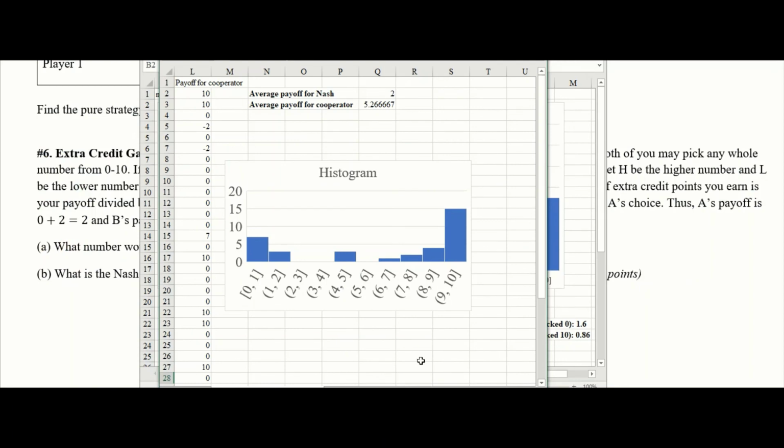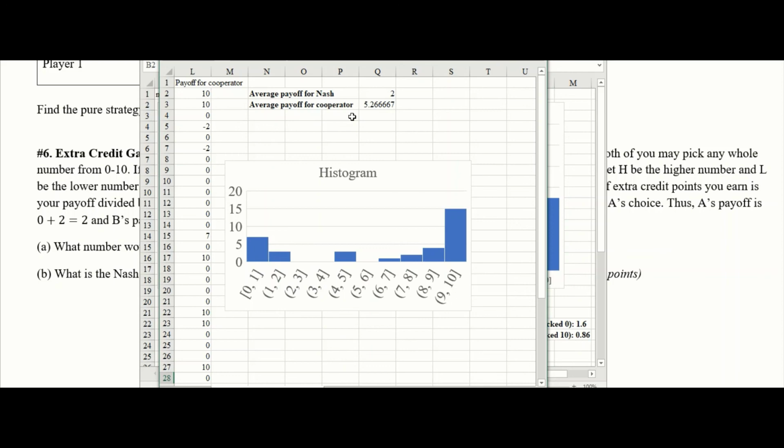I played the same game on midterm 1, and in my face-to-face class, the most popular strategy was the cooperators, playing 10. The next most popular was the Nash players who picked 0, but the Nash players were in the minority. And it turned out in the face-to-face class that there are so many cooperators out there that the cooperators actually got a bigger payoff than the Nash players.